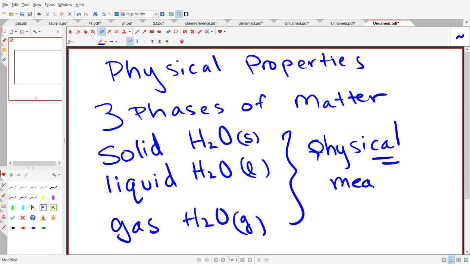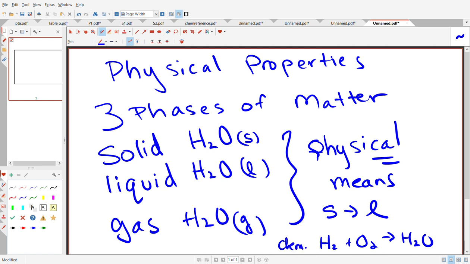Going from solid to liquid is a physical change. It's not chemical. Chemical is when you change it to something new, maybe taking hydrogen and oxygen and putting them together chemically to make water, that one is a chemical change. But this one is a physical property, the 3 phases of matter.